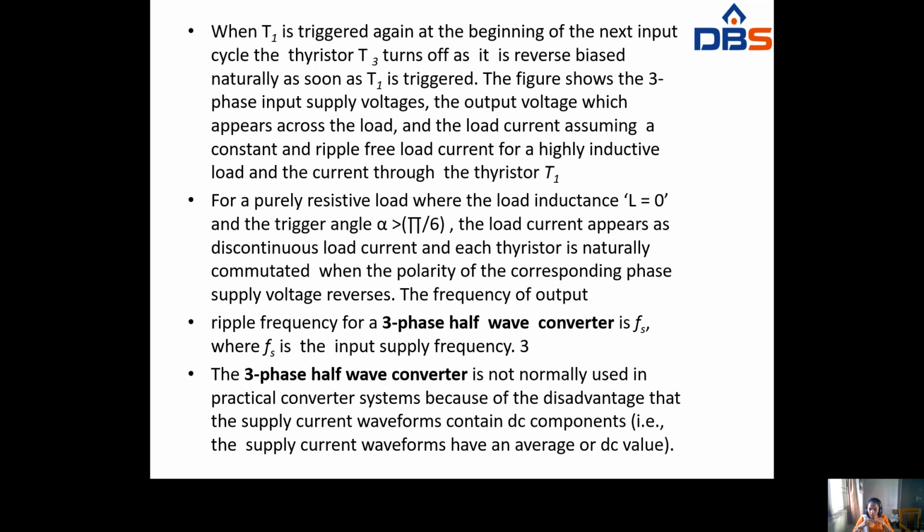So here the ripple frequency of the three-phase half-wave converter is 3 FS, where FS is the input supply frequency.